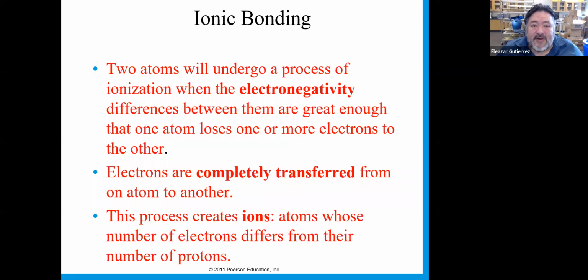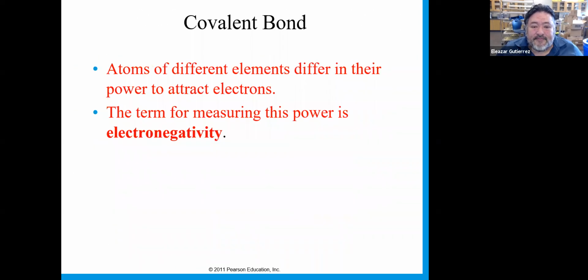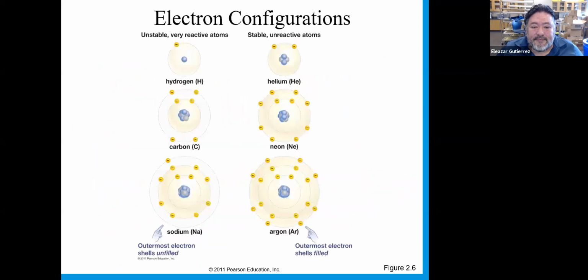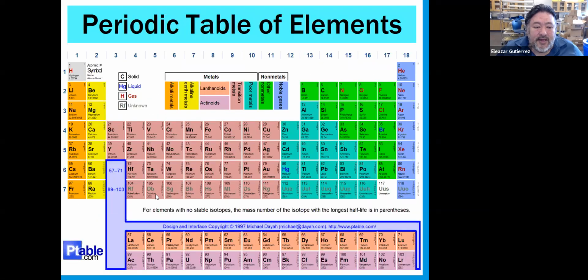Okay. Let's go back to our periodic table. So here's our periodic table. Here's sodium. Remember that sodium is a +1. So +1 means what? It has one extra electron there, right?